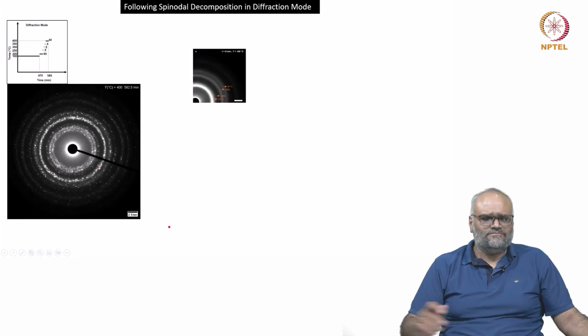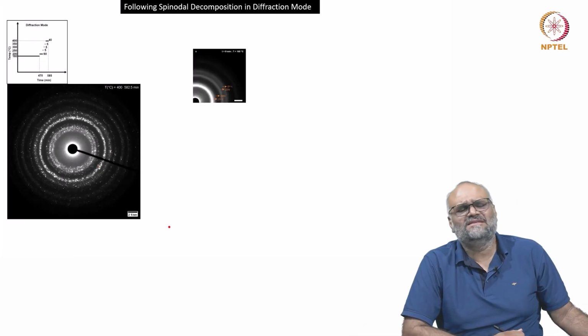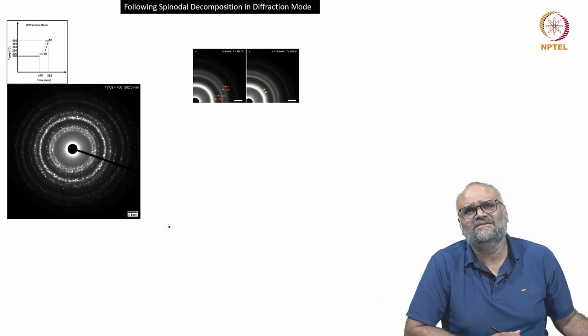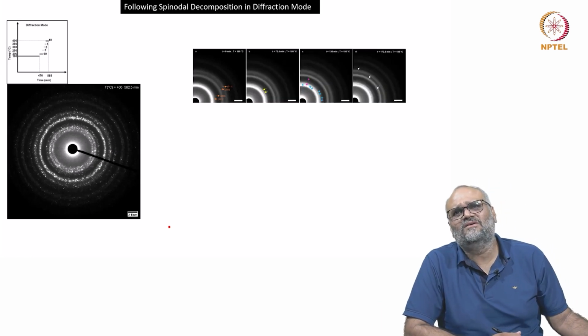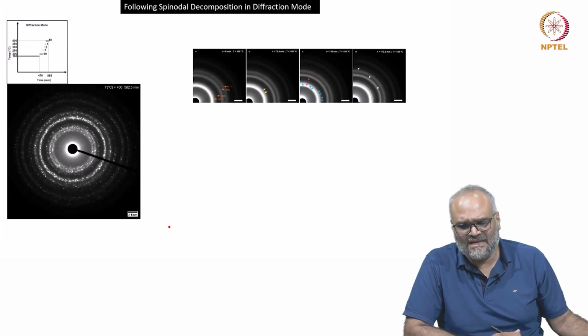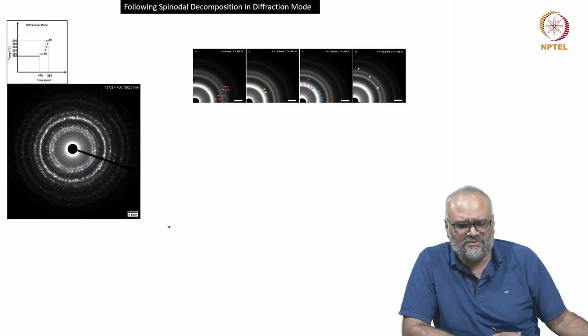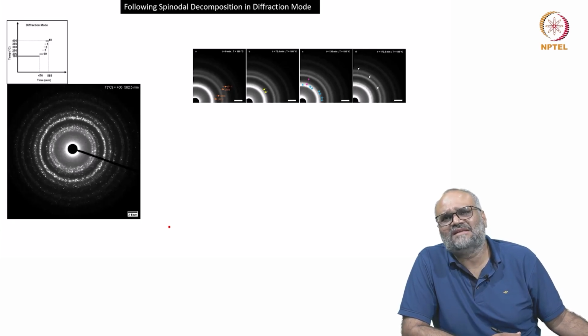And when you deconvolute these and do rotational averaging on the diffraction patterns, you can clearly follow how this intensity of these spots changes. And about 72 minutes onwards, we saw that there is a phase separation that has started at around 180, and at 130 minutes you see there is a significant fraction of phase separation.